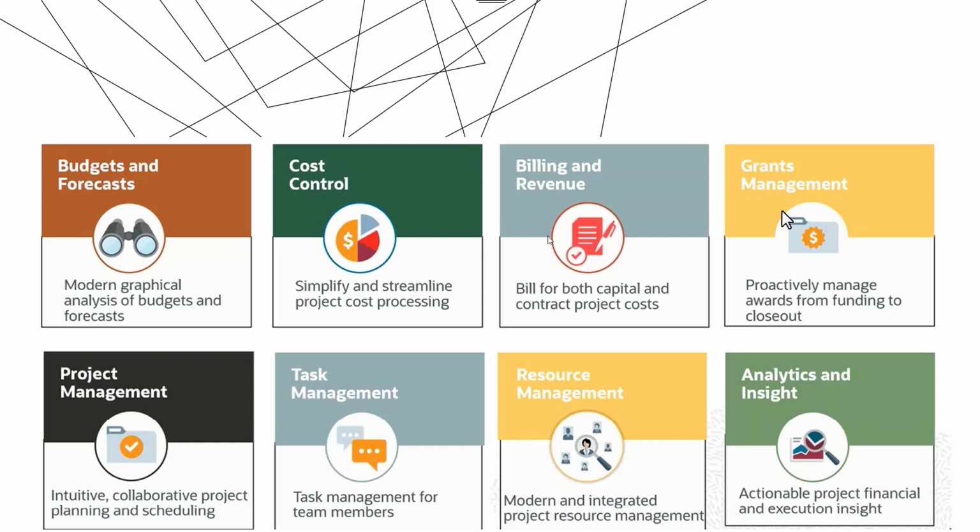For example, if you are interested in doing project financial management inside PPM Cloud, and if you are okay to go ahead and do execution through Microsoft Project or some other third-party application or legacy systems, Oracle is fine with that. You can do that.